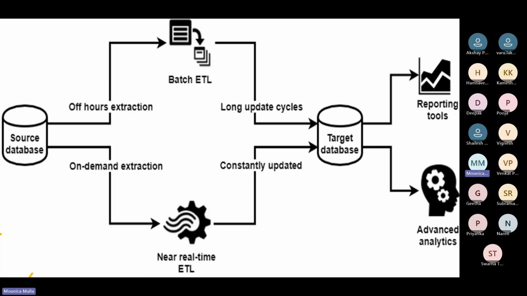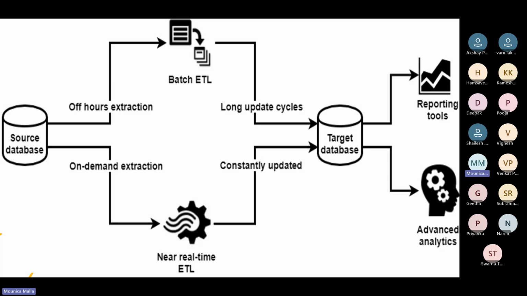Off-hours extraction is nothing but scheduling the load when no change is happening, a historical load. While loading the data, as we discussed, batch ETL means we are doing it batch by batch with long update cycles. Updating the target database will take a long time. Let's say I have 100 million records.